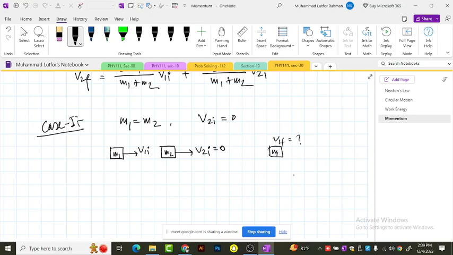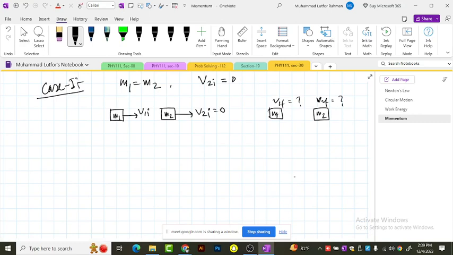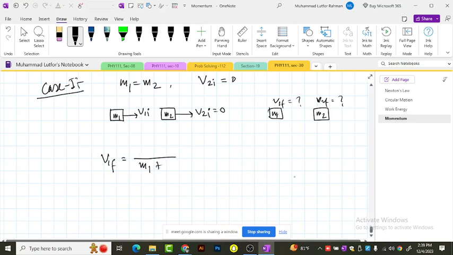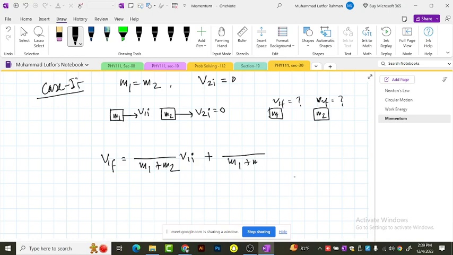What is V1F? And this is M2. What is V2F? Alright, so I'm writing this equation again for you. V1F is (M1 minus M2) over (M1 plus M2) times V1I, plus 2M2 over (M1 plus M2) times V2I.